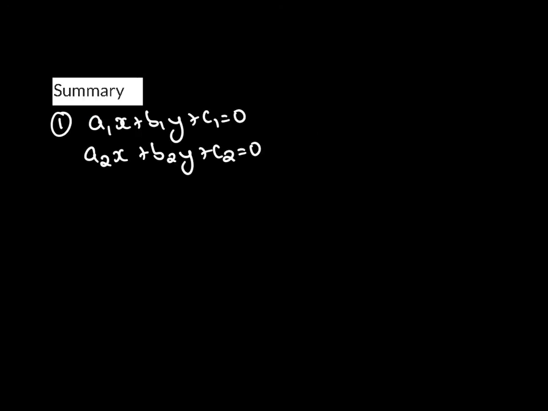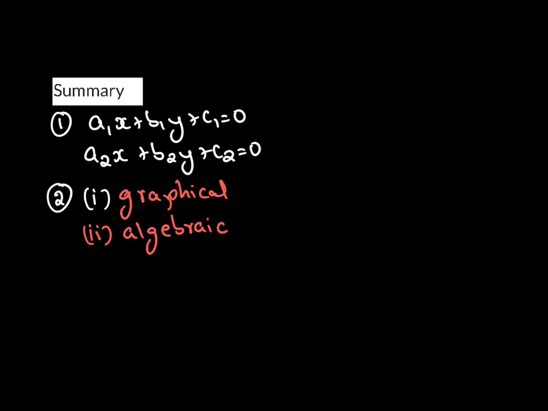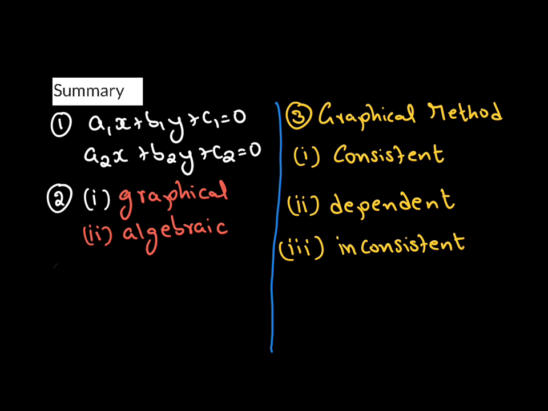To summarize, we learned that two linear equations can be represented as a1x + b1y + c1 = 0 and a2x + b2y + c2 = 0. The second thing we learned is that the equations can be solved by the graphical method and by the algebraic method.